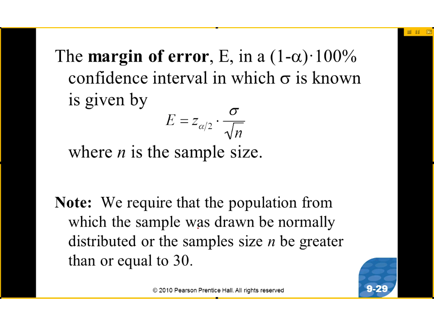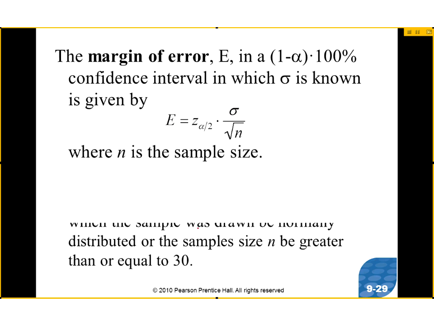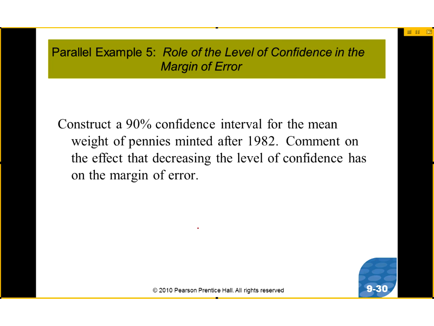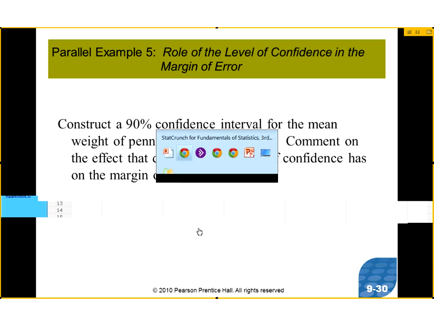In order to use the z, you have to require that the population is normally distributed or the sample size is greater than 30. Okay, so let's look at a 90% confidence interval. We can go back to StatCrunch.